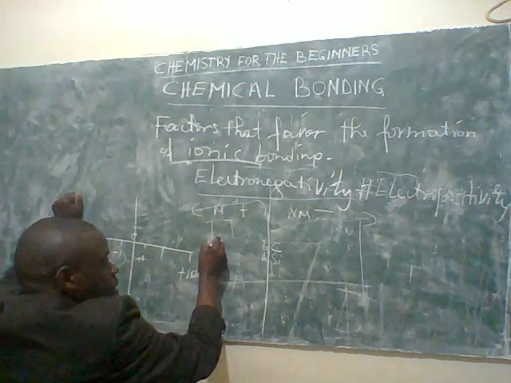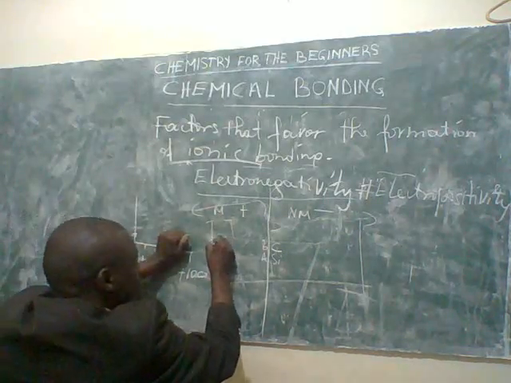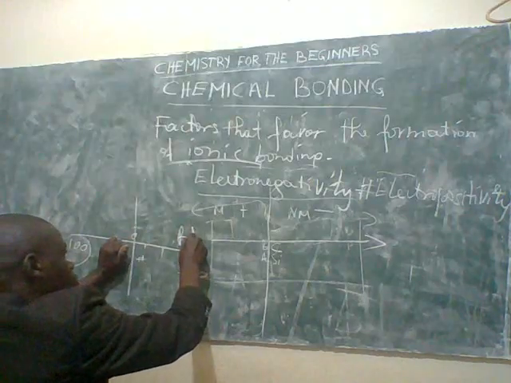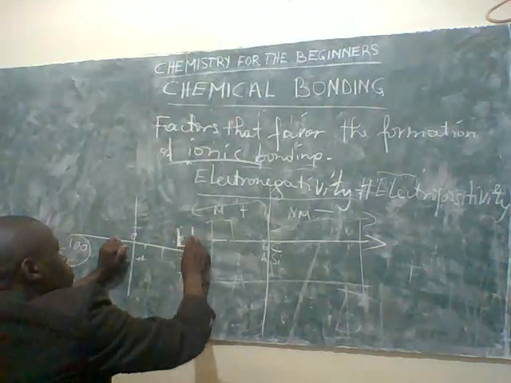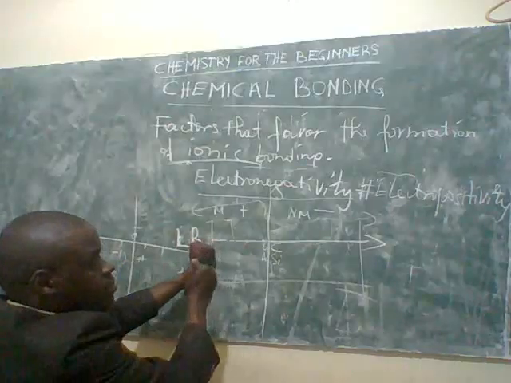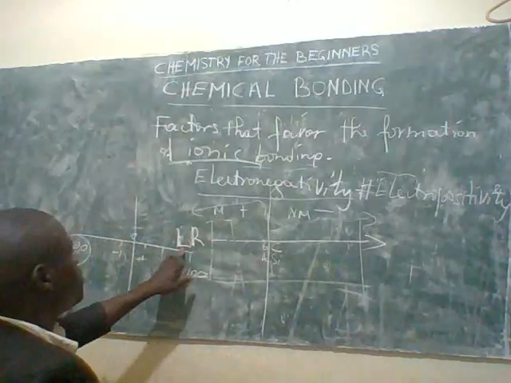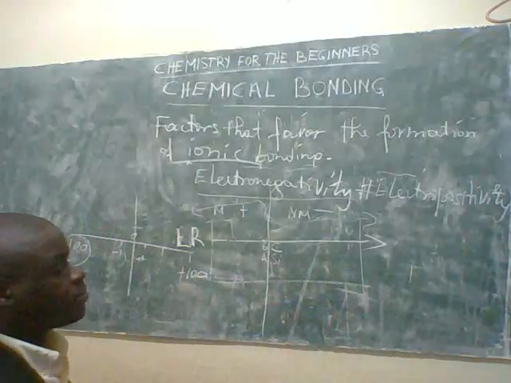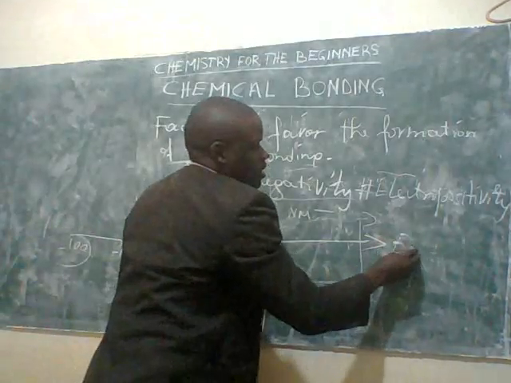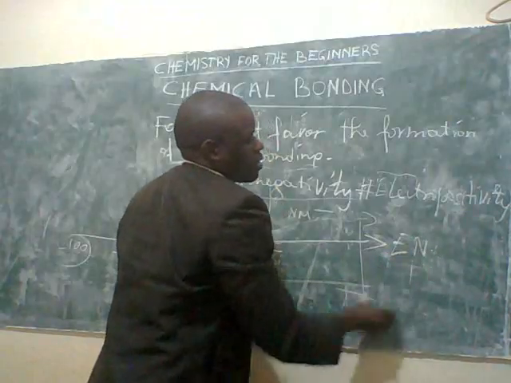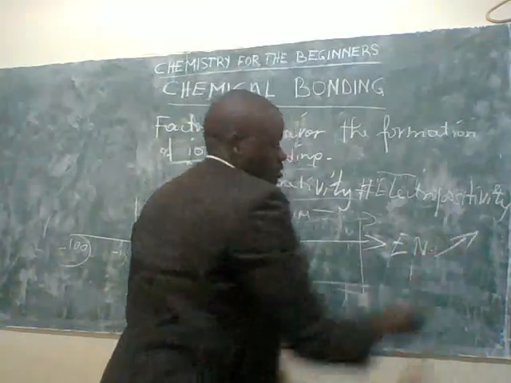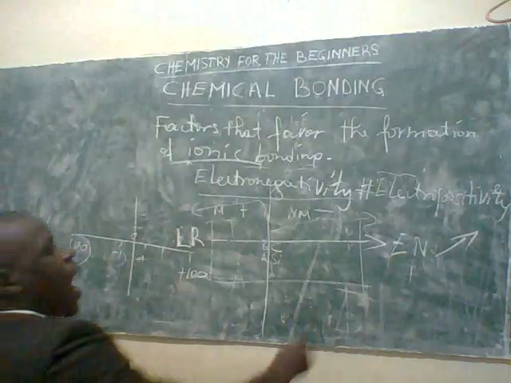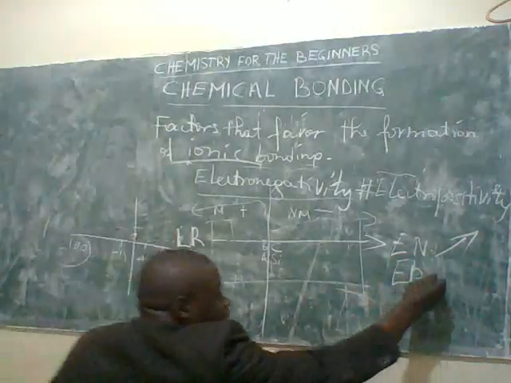From left to right of the periodic table, electronegativity increases. And electropositivity decreases.